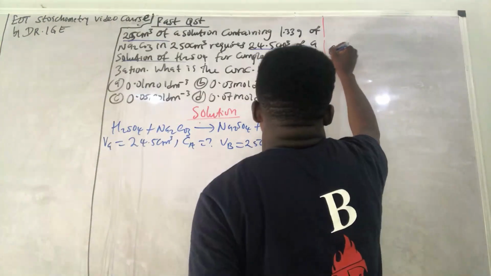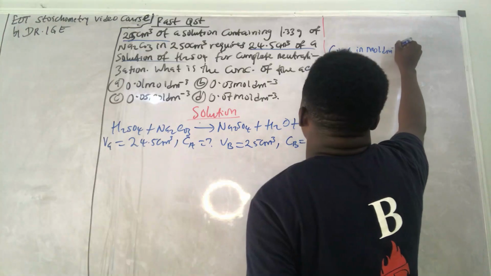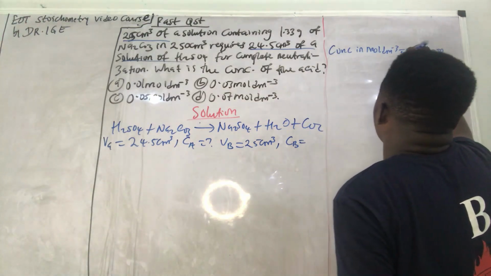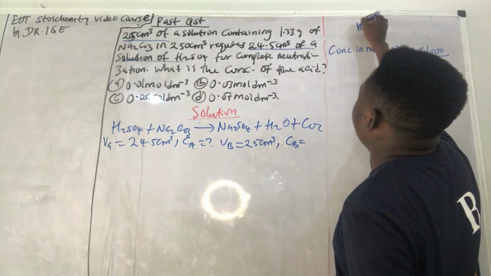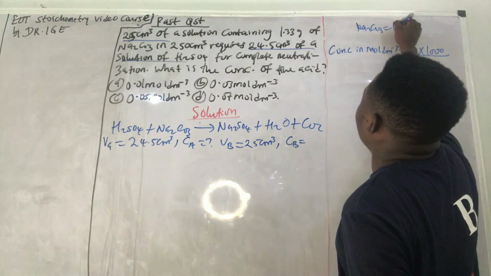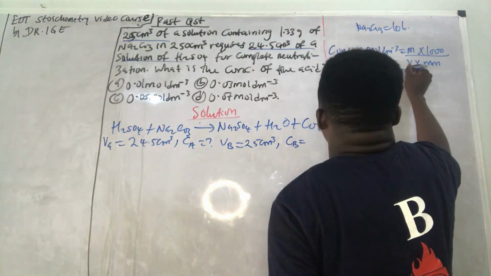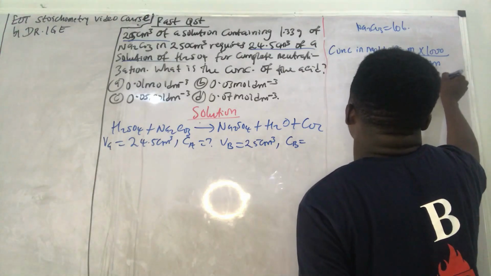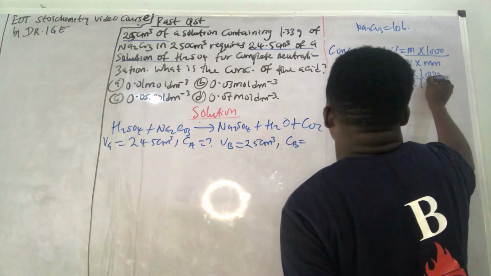Remember our formula to get the concentration in mole per dm cube directly: just do the mass that is given times 1000, all over the volume times the molar mass. Remember that the molar mass of Na2CO3 is 106. We have done that so many times before. What's the mass here? 1.33 times 1000. What is the volume? 250. What is the molar mass? 106.